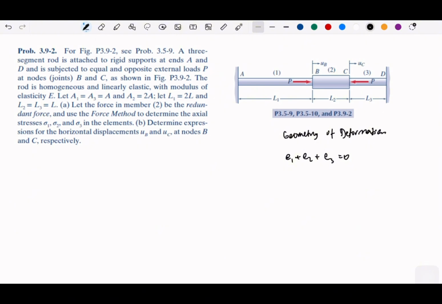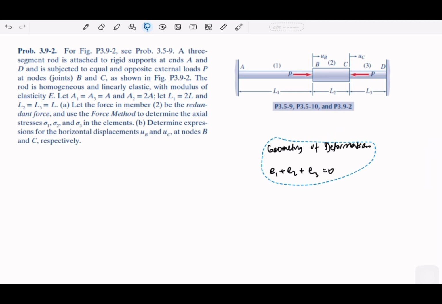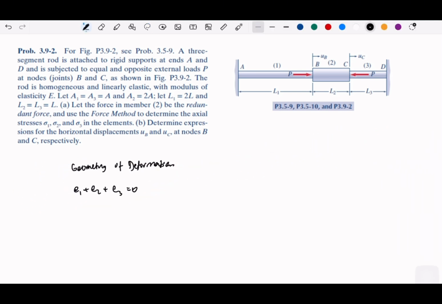Okay, but maybe before that, I can write the geometry on the left side. We can draw the free body diagram. We can take either joint B or joint C, so we can have 2 joints because they are going to include everything.